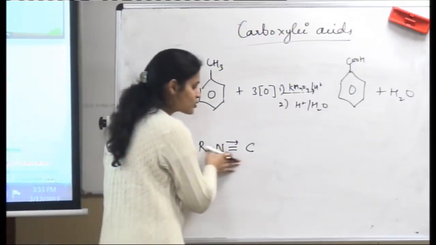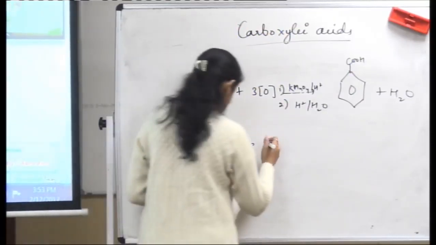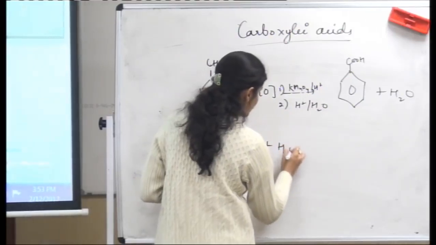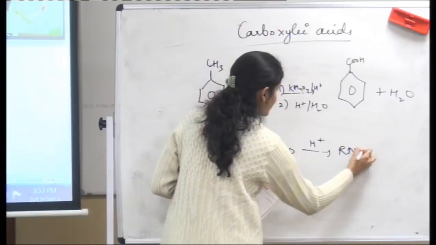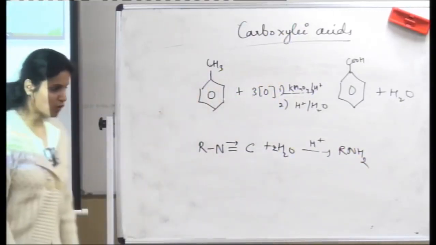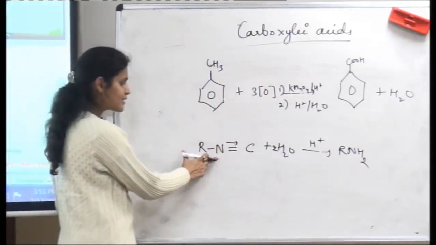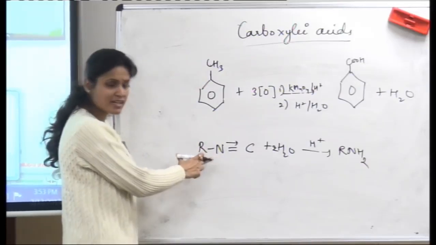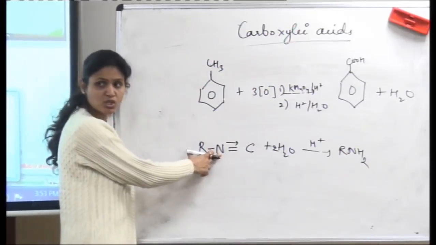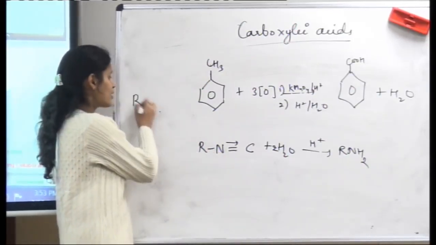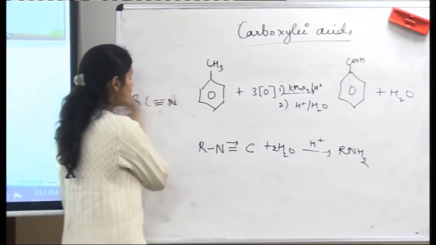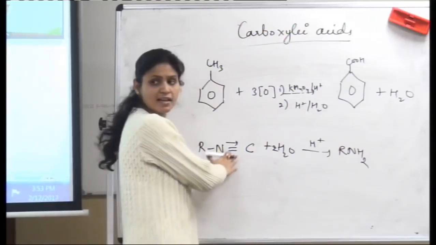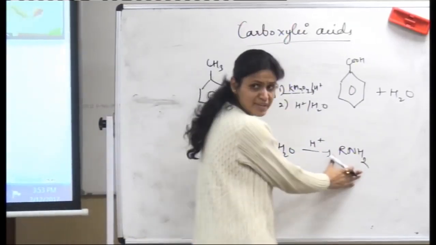So I can also use the isocyanide functional group, and again using the hydrolysis reaction, I can write this as RNH2. Obviously, because in this case there is a linkage between carbon and nitrogen instead of a carbon-carbon linkage. So after the hydrolysis of this isocyanide group, I'll get the amine.